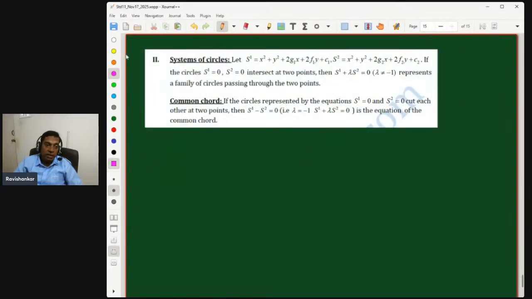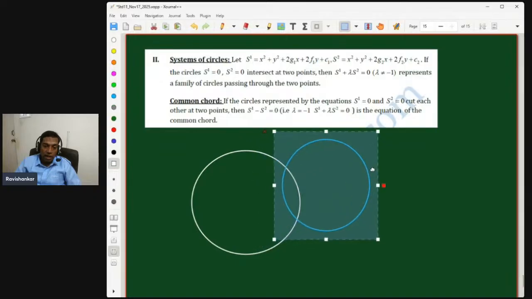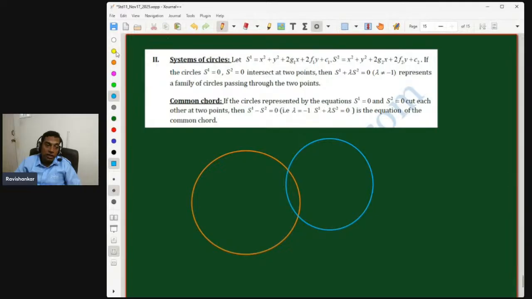The first idea, we don't know whether this is there in the portion, but I still want to do this. If you have two circles and you want circles that pass through the intersection of these two circles. So let's say two circles cut each other at A and B.